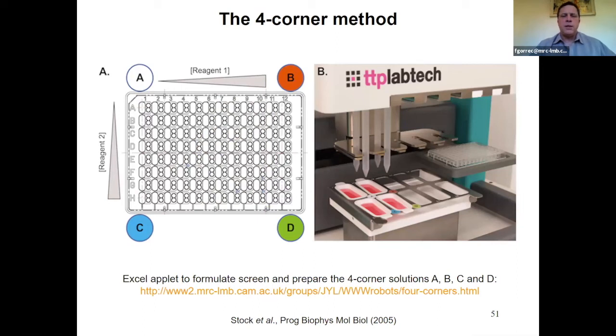For this, we always start with the four-corner method, where you manually make, at a relatively large scale of a few milliliters, the conditions corresponding to the 4 corners of the plate, and then the robot will use these 4-corner solutions to produce a linear gradient of 2 of the components, 2 of the reagents. So that's really the step you will start with for all the conditions of interest.